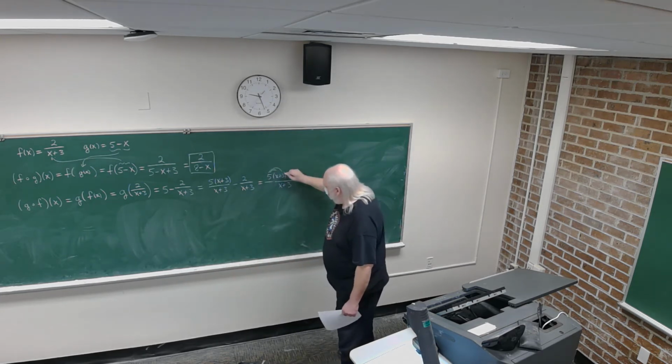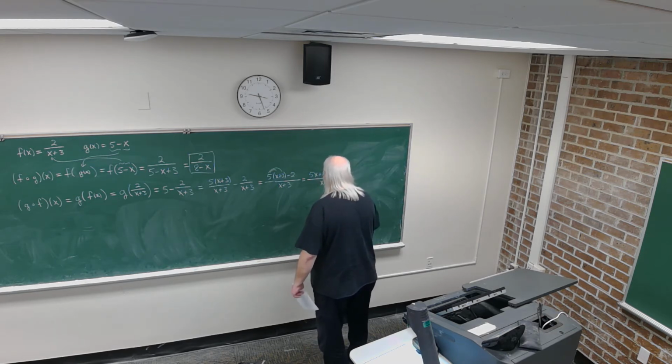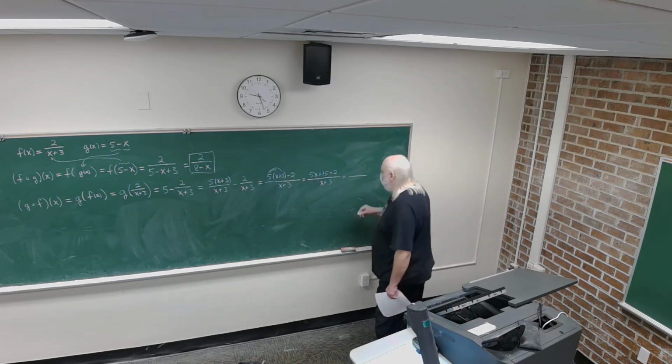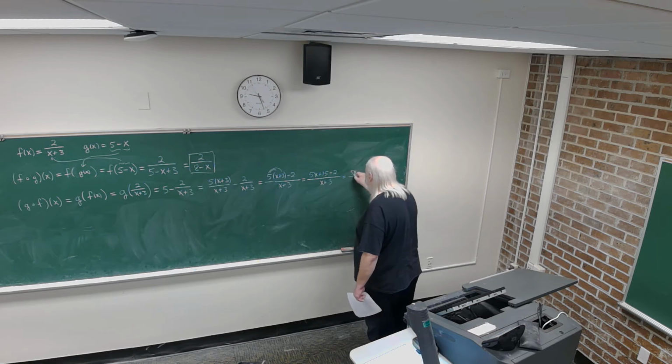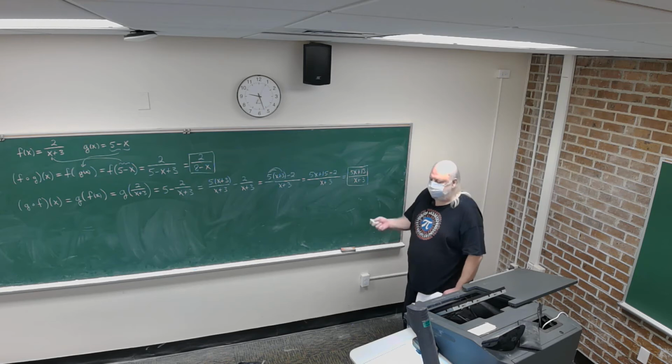Now you distribute the 5 inside the parentheses. You have 5x plus 15 minus 2. And now the numerator simplifies to 5x plus 13, all over x plus 3. Now we're done simplifying. So the composite of g with f as a function of x simplifies to 5x plus 13 over x plus 3.